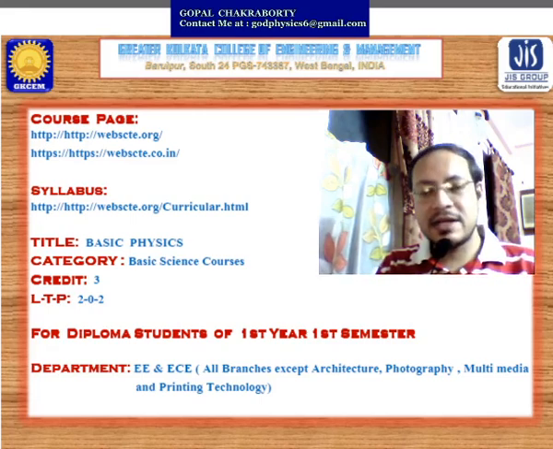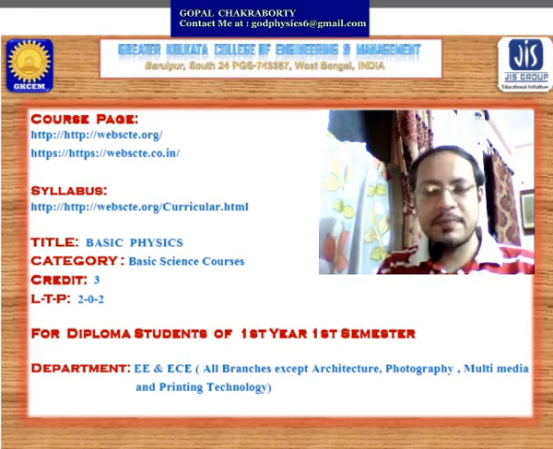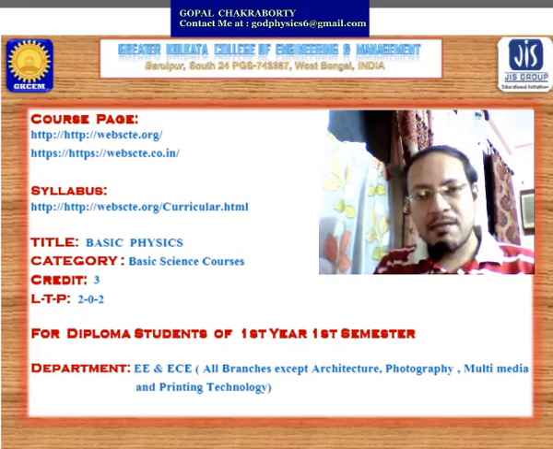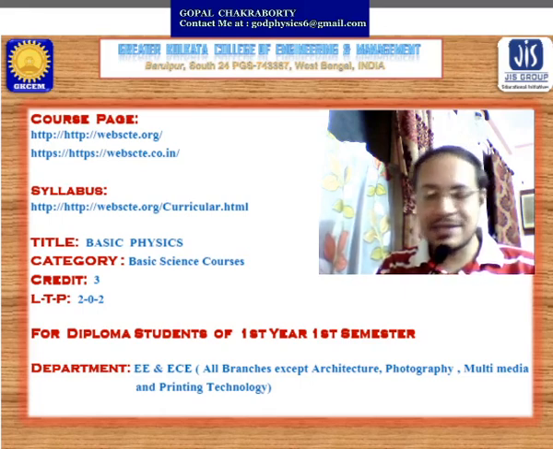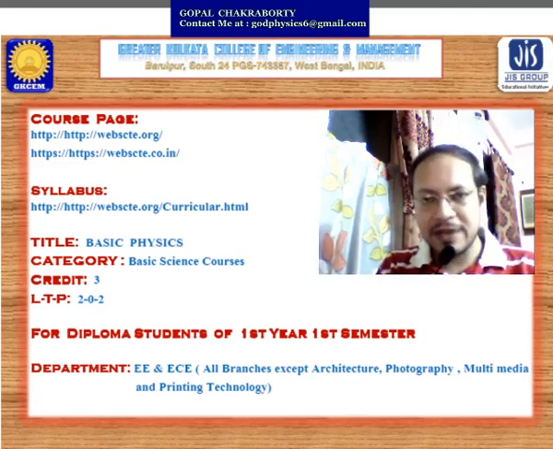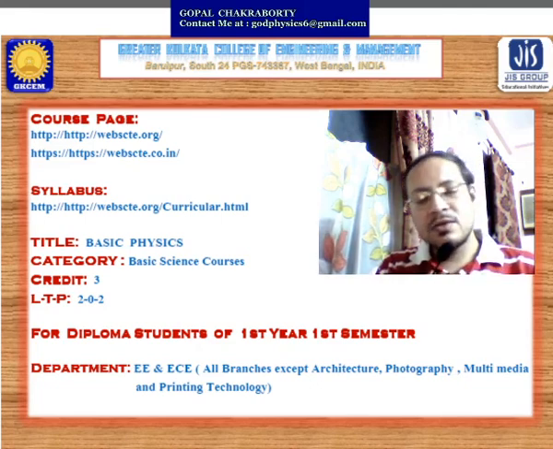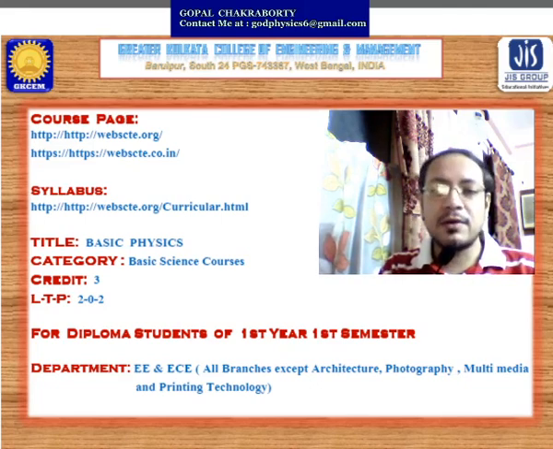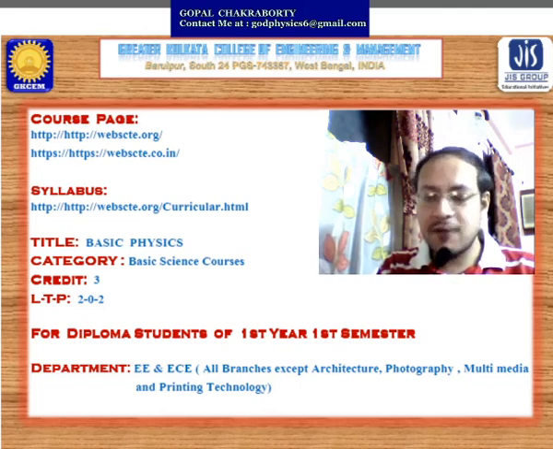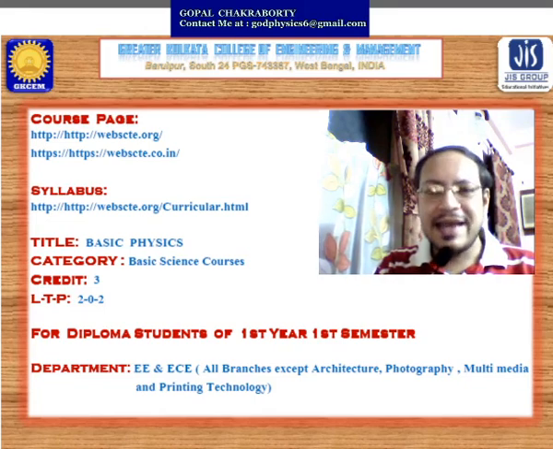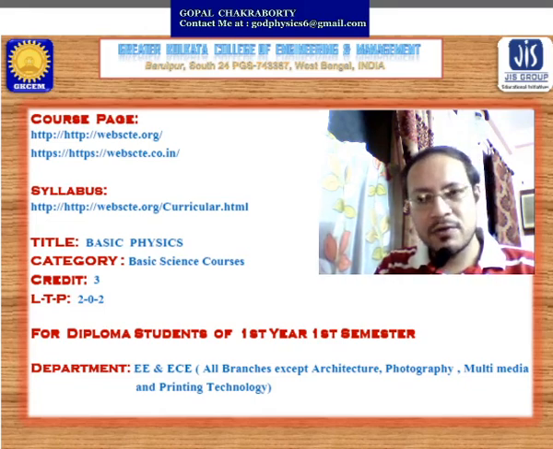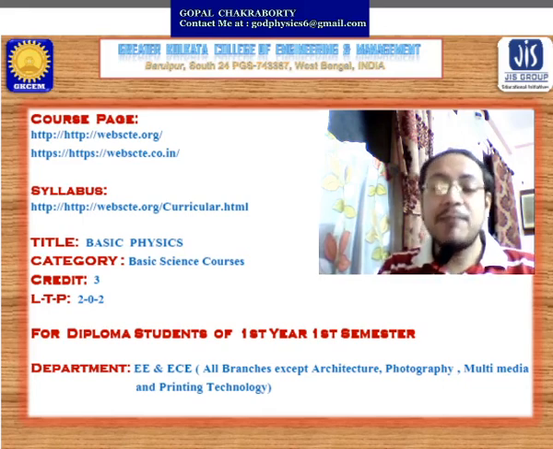In the State Council website, the syllabus is already uploaded. You can download the syllabus from there. The course title is Basic Physics. It is under the category of Basic Science course. It has a credit of 3, 2 lectures per week and 2 practicals per week. The course is generally made for diploma degree students of first year, first semester, in all branches except architecture, photography, multimedia and printing technology.